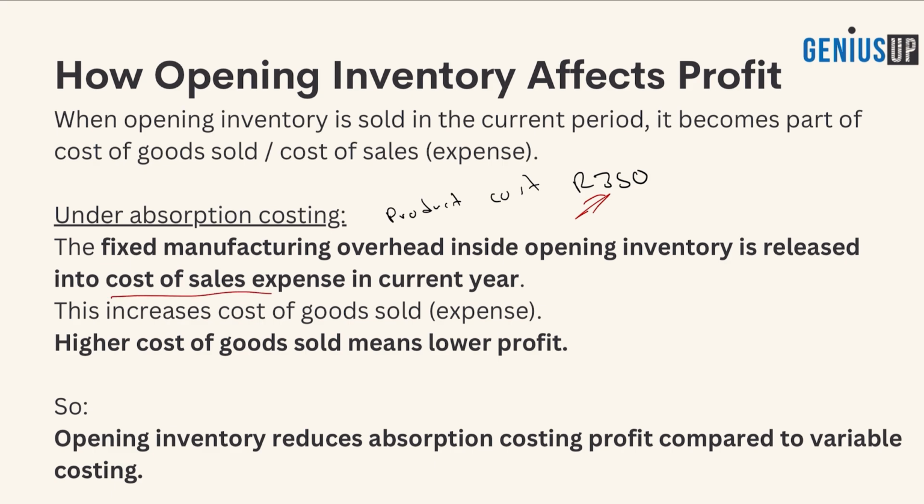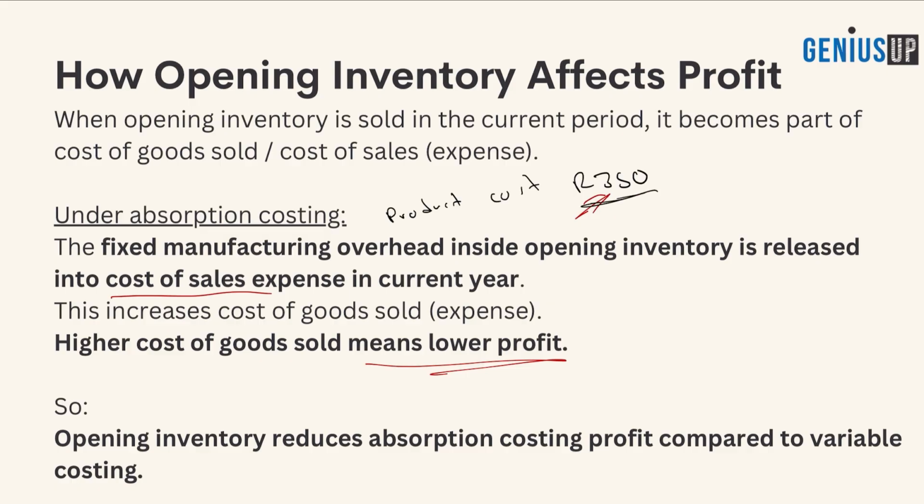So this increases the cost of goods sold expense, because we're expensing last year's fixed manufacturing overheads this year. And the higher cost of sales expense means that we're going to see lower profit under absorption costing.